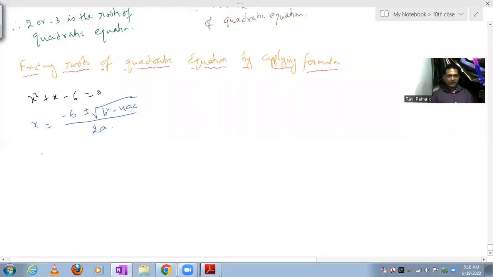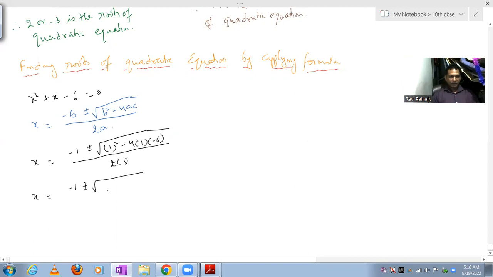So what will you get? x is equal to minus 1 plus or minus square root of b square means 1 square minus 4 into 1 into minus 6, by 2 into 1. So x is equal to how much? Minus 1 plus or minus square root of 1 minus into minus is plus, 4 sixes are 24, by 2.